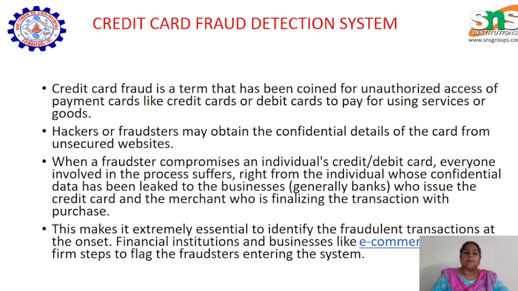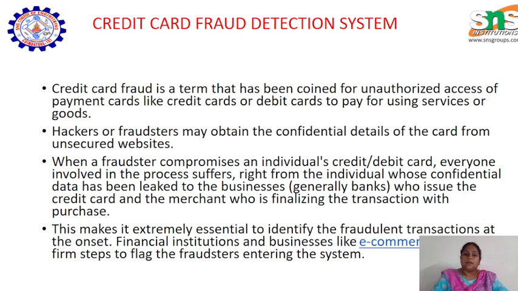This is one example. When a fraudster compromises an individual credit or debit card, everyone involved in the process suffers. So what is the solution, how to detect this kind of fraud? Right from the individual whose confidential data has been leaked, to the businesses who issue the credit card, and the merchant who is finalizing the transaction with the purchase.